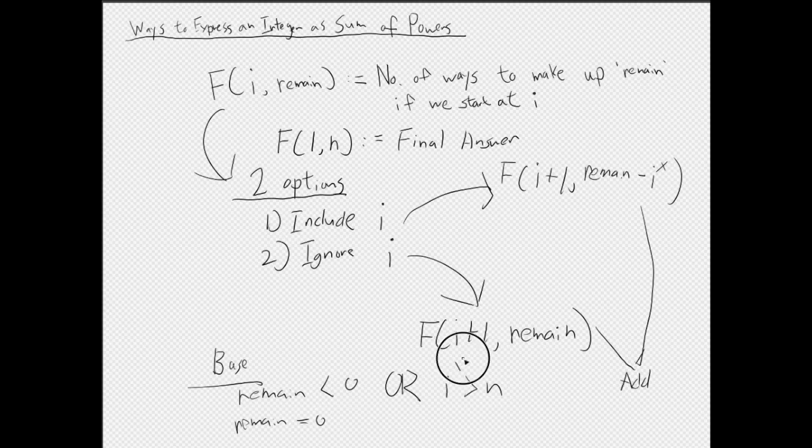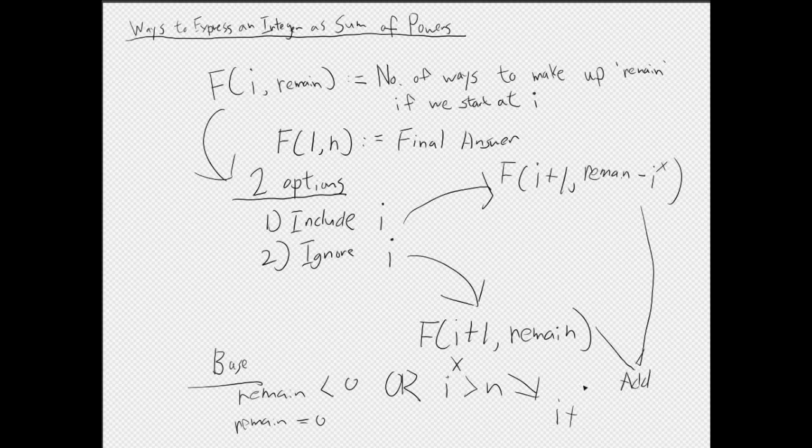Because we look from the small value to the big value, since we do i plus 1 every time, if i to the power of x is greater than n, then (i plus 1) to the x is also greater than n, or 2, or 3, so it doesn't matter.